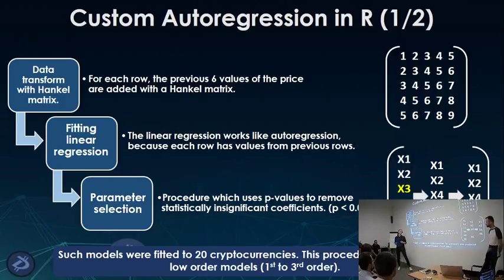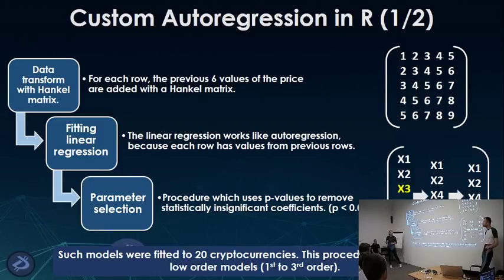If we have, for example, 5 or 4 with p-value bigger than 0.05, the algorithm compares them and removes the biggest one. Then we have a new iteration with a new model for this cryptocurrency. In the last case, we have only 4 coefficients which are statistically significant. This step is repeated multiple times until we have all the coefficients for all the cryptocurrencies with p-values under 0.05.